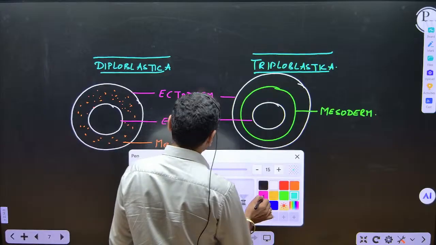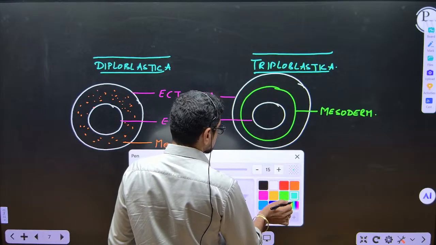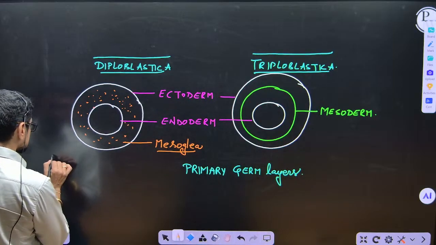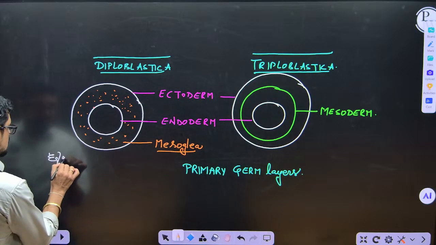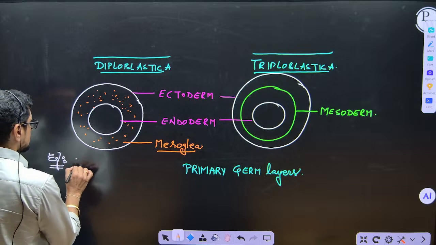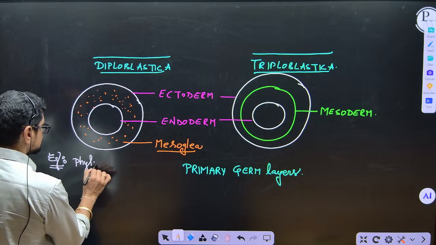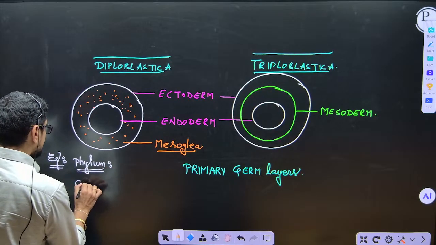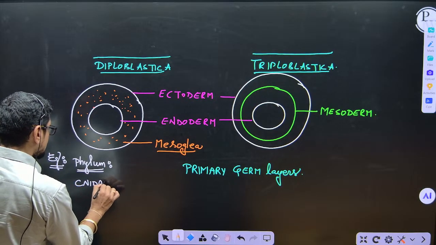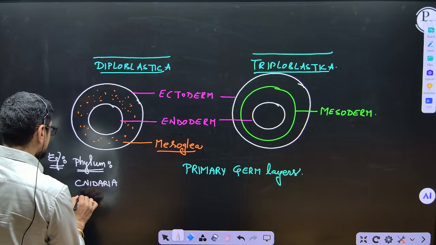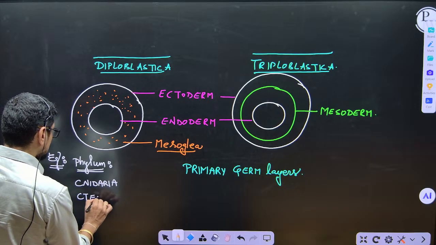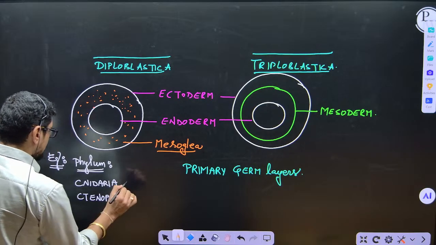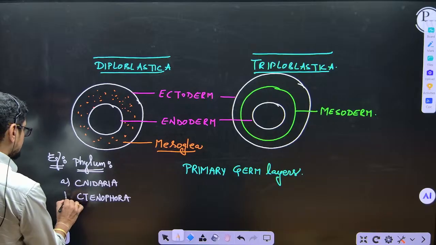Now, once again, I will write some examples for you. Example, phylum. Phylum means just a group, just imagine like that. Phylum Cnidaria, C-N-I-D-A-R-I-A, phylum Ctenophora, C-T-E-N-O-P-H-O-R-A.